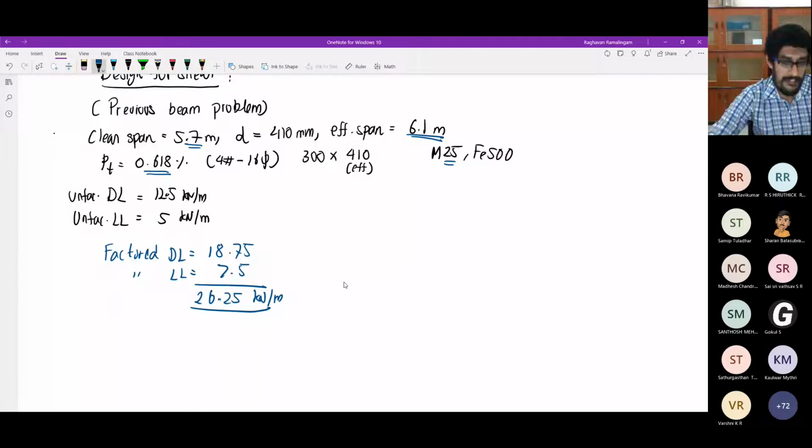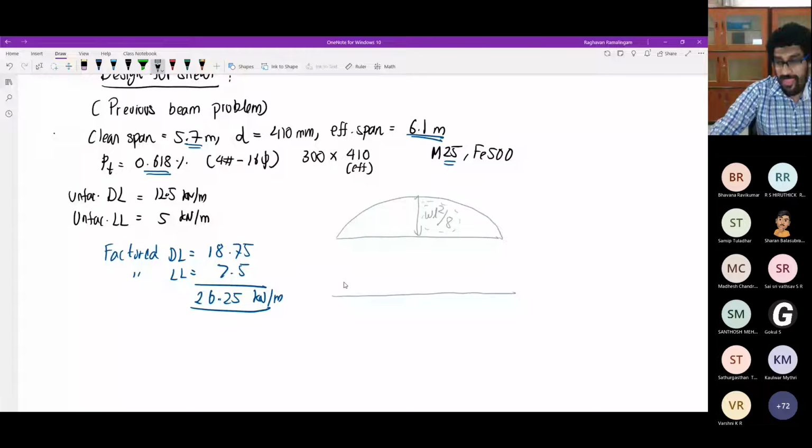There will be a triangle. How many triangles? Two triangles, one on the positive side, one on the negative side. Where do they join? At the mid span, wherever the moment is maximum, the shear force will be zero. Left hand side, should I draw it up or down?